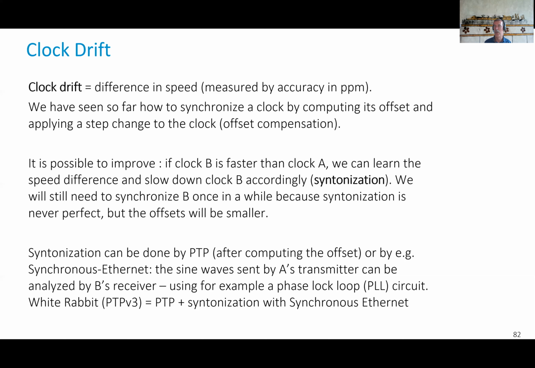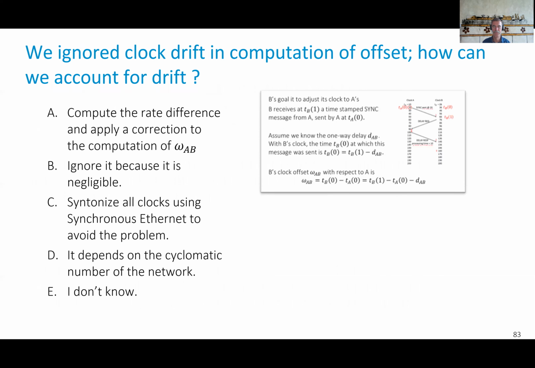In other words, we can lock the frequency. So if you do this, you will greatly improve the accuracy of PTP, and this is what PTP v3 is doing. It adds synchronous Ethernet rather than the standard Ethernet and achieves an accuracy which is well below the microsecond. Voila, that's the story of clock and accuracy.